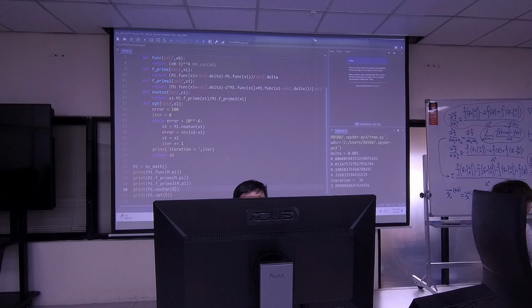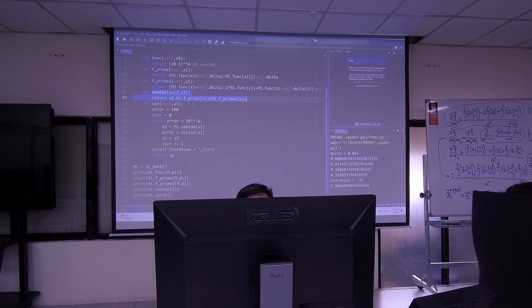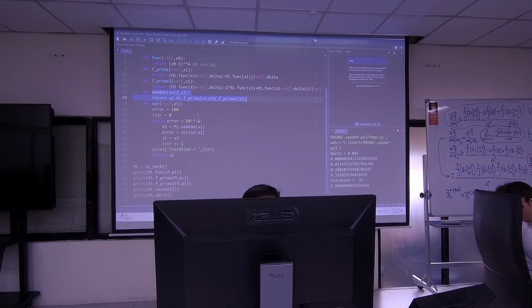Newton's method will approximate the location of the lowest point, but like I showed you, sometimes it's not accurate. So usually in optimization, there is a while loop. Over here, I am showing you how to do the while loop for optimization.